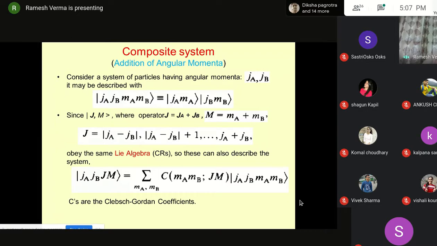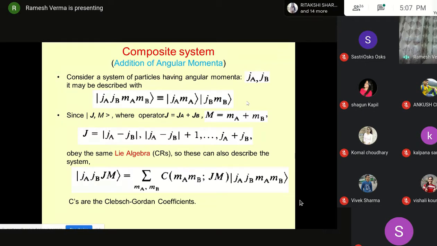We obviously know that each of those particles will have eigenstates given by |J_A, m_A> and |J_B, m_B>, and we just put them together. That should be able to describe the system. But is it the whole story?